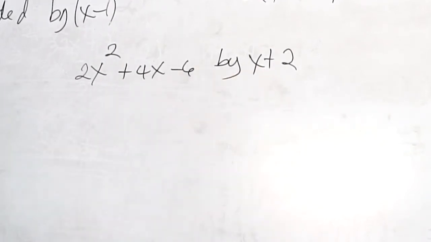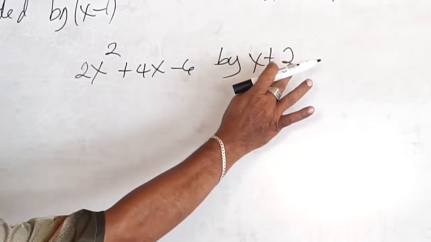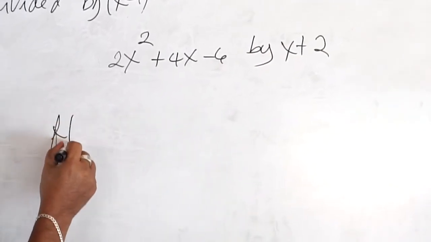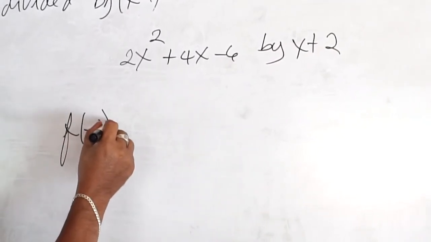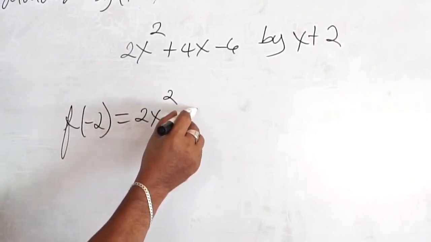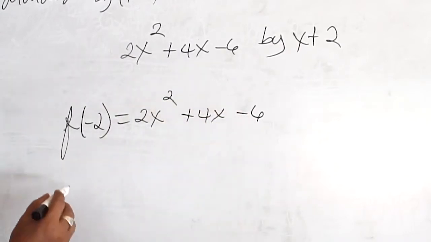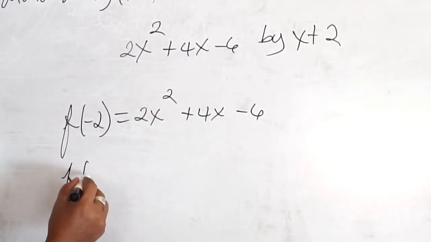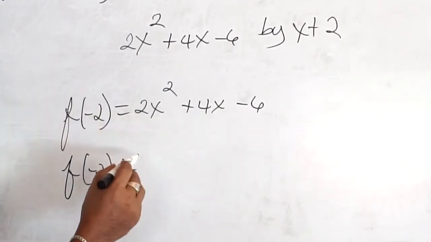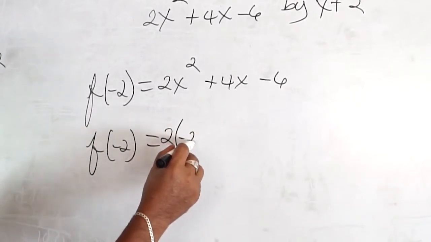Positive 2 changes to negative 2. So we have f of negative 2 equals 2x squared plus 4x minus 6. Substitute the value of x, which is negative 2.